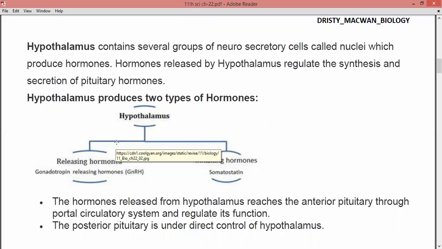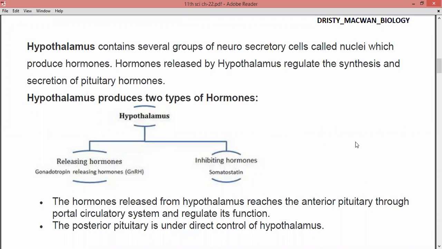The hormones released by the hypothalamus regulate the synthesis and secretion of pituitary hormones. In other words, the hypothalamus is responsible for activating the pituitary to release different types of hormones in the body, right?